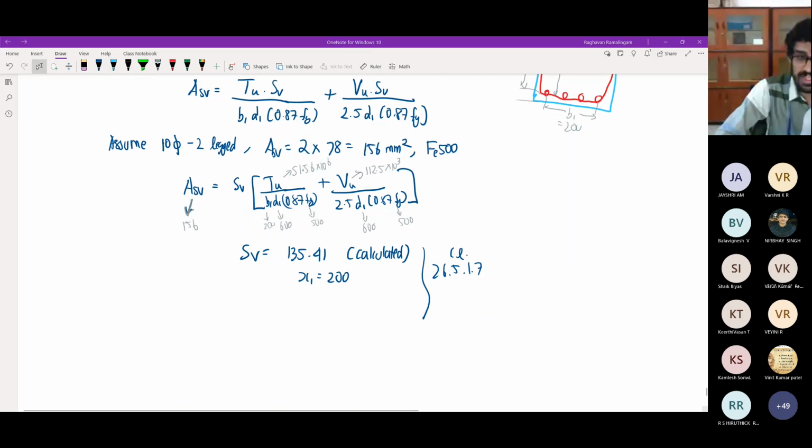Then x1 plus y1 by 4, where x1 and y1 are the short and long dimensions of the stirrup. So x1 is 200, y1 is 600, so 800 divided by 4 comes again 200, and a flat value 300 mm. So among all of this, the lowest is this, so you go ahead and give this as the spacing.